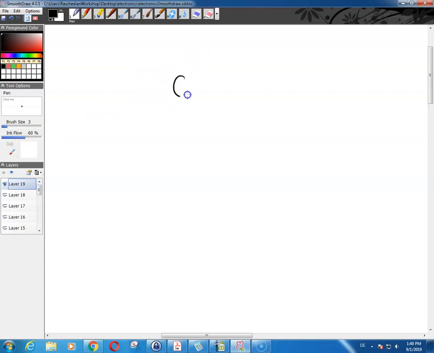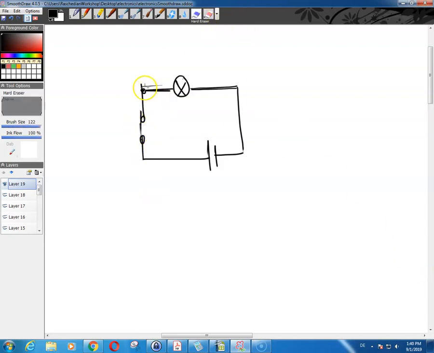If you have a lamp over here connected to the switch over here, this is your switch.